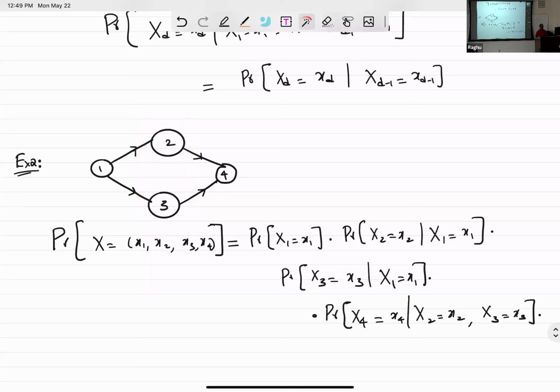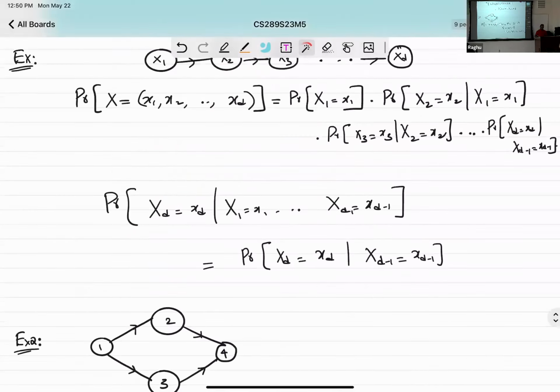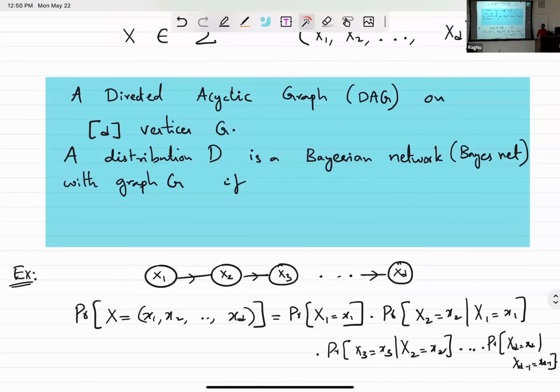Does it make sense intuitively? And mathematically, you'll say that a distribution D is a Bayesian network with the graph G. It has some directed acyclic graph, and I can define a distribution as follows.